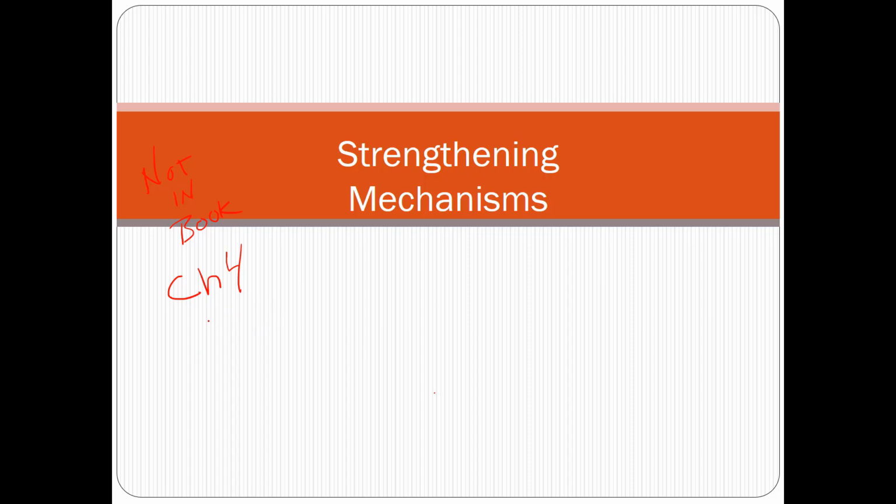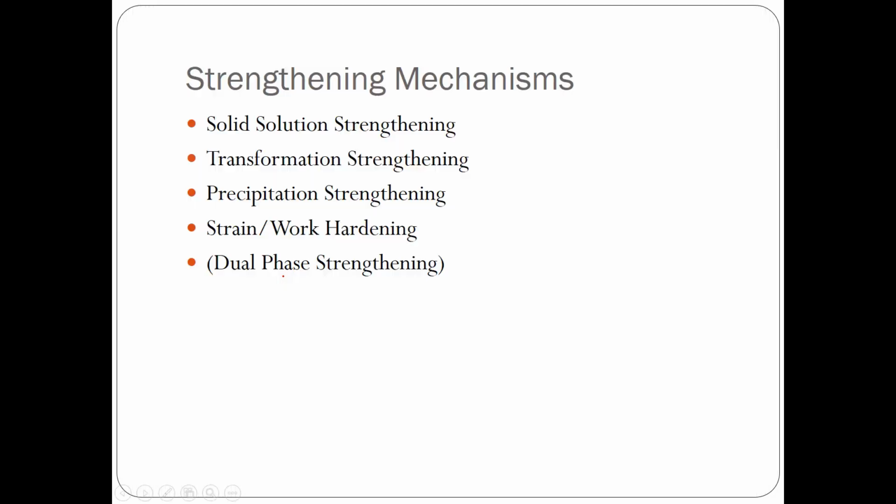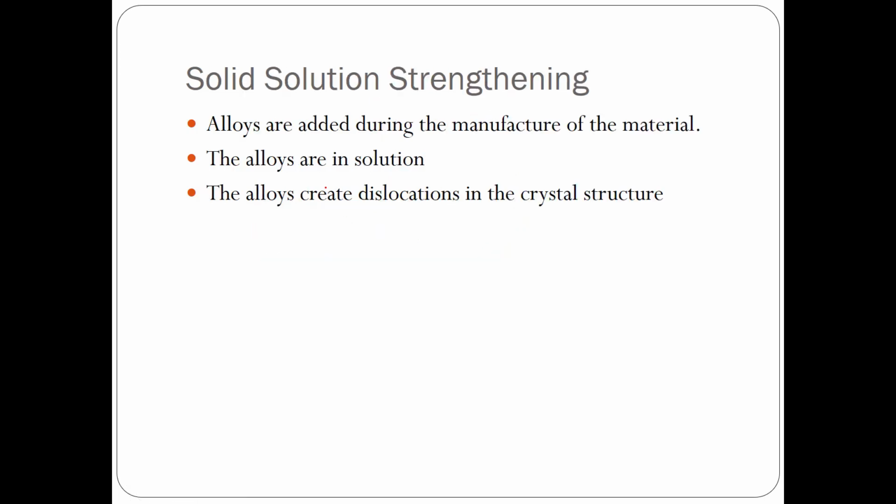Just chapter 4 PowerPoint. And you should be able to list the 5 strengthening mechanisms and a short 1-sentence explanation of what they are. Like solid solution strengthening, adding alloys in solution to strengthen the microstructure, crystal structure.